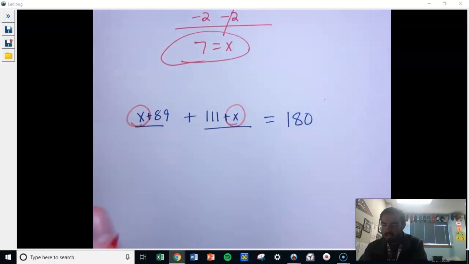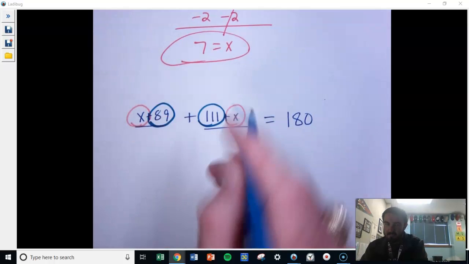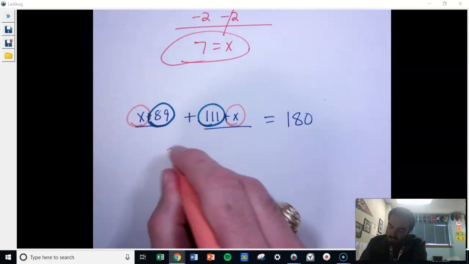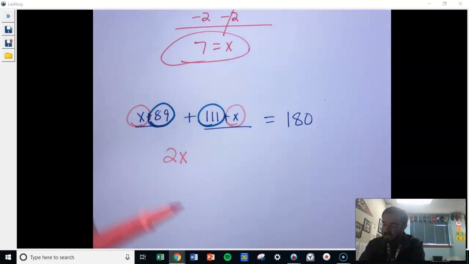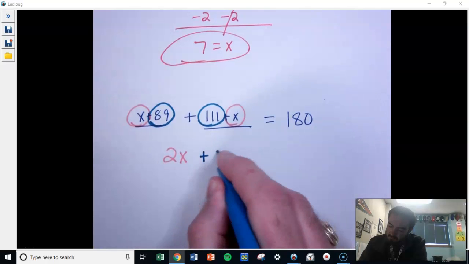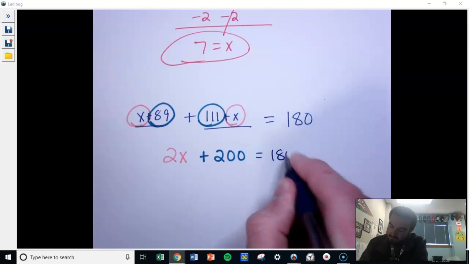Those are like terms. I can combine those. I also have these numbers, 89 and 111. I can combine those as well. These two x's would combine together to give me 2x. 89 plus 111 would combine together to give me 200. And I would keep going, equals 180.